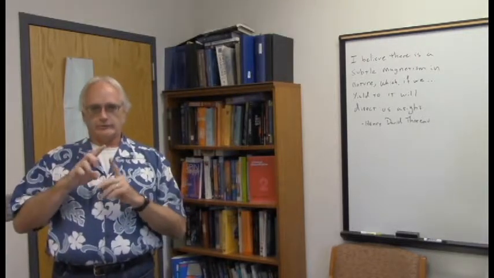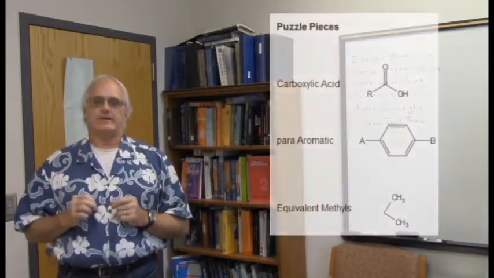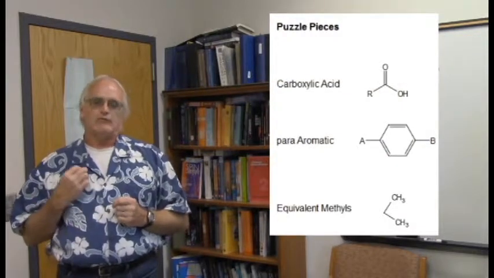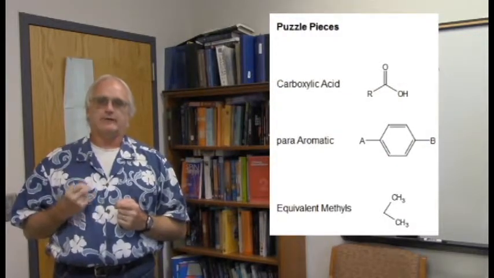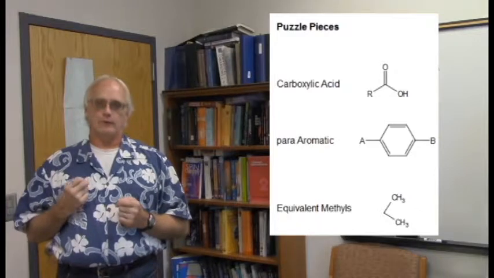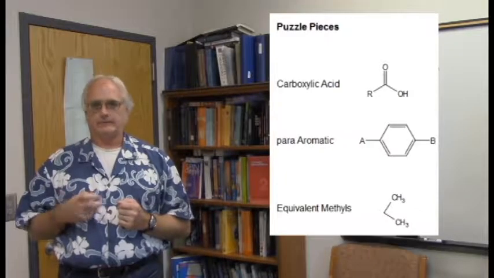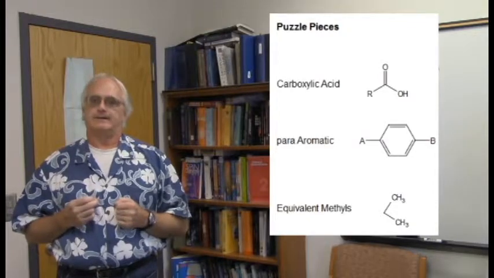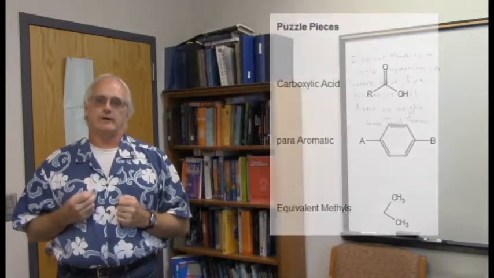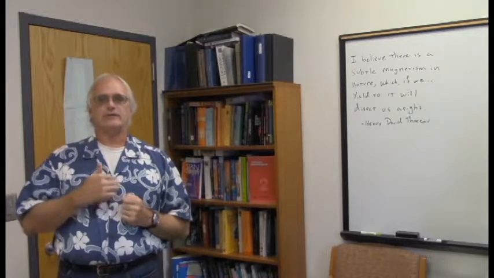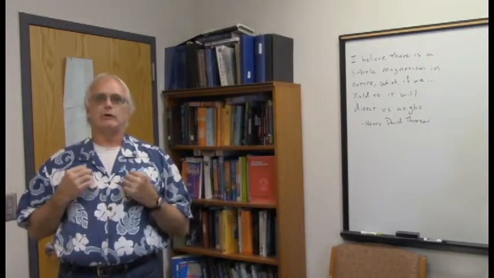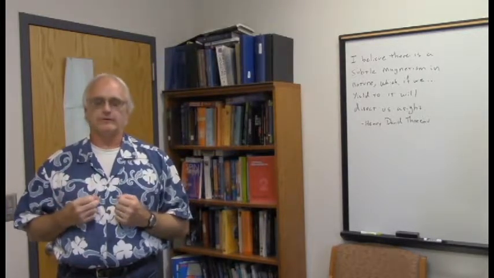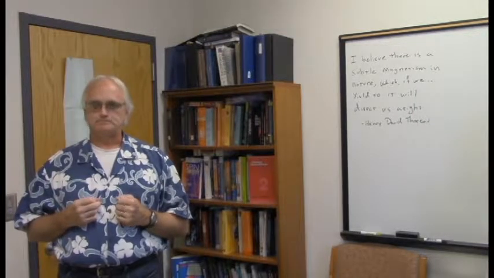In other words, 2 methyl groups likely attached to the same carbon. So this is a fragment that we're going to run with for a moment: a carbon with 2 equivalent methyl groups on it. And we're going to try to use the COSY spectrum to tell us what else is near this equivalent group of methyls.